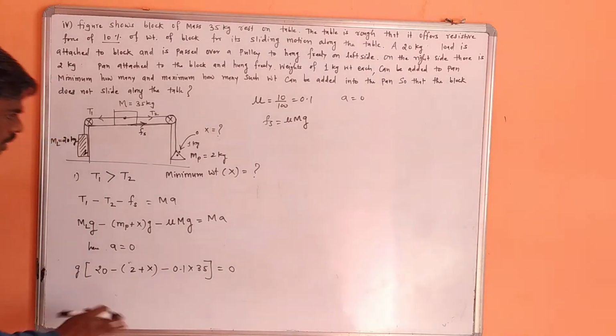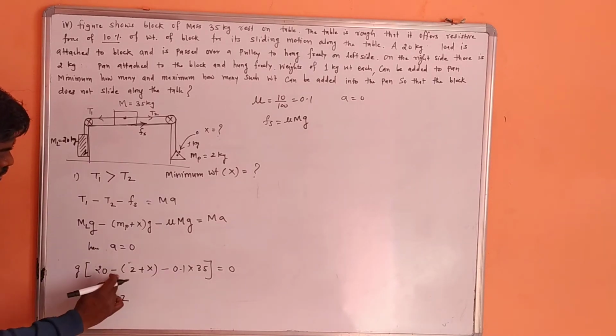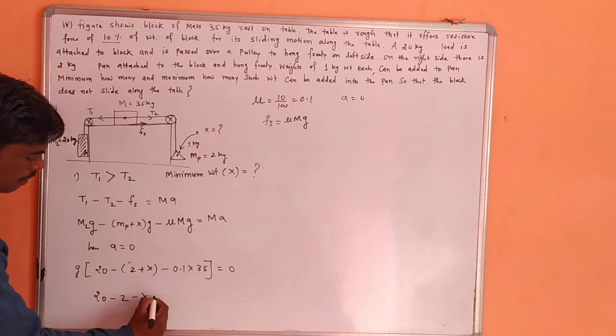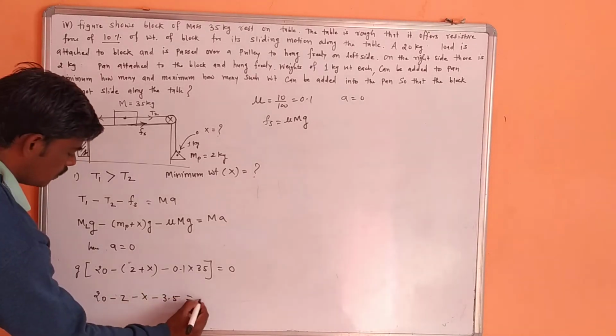g on this side becomes 0. Now solve it. 20 minus 2 minus x, minus 0.1 into 35, which is 3.5, is equal to 0.